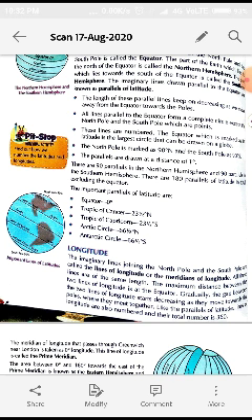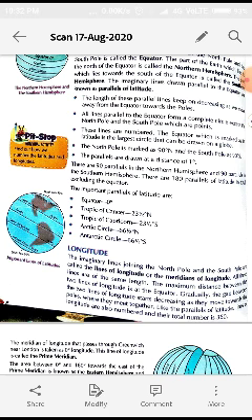First, the equator is 0 degree, and Tropic of Cancer at 23.5 degree north, and Tropic of Capricorn at 23.5 degree south.